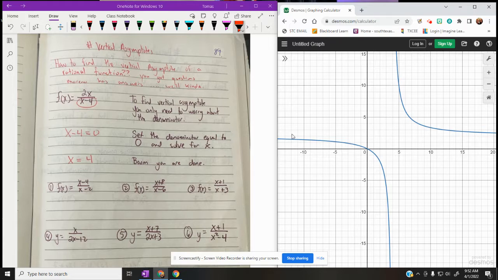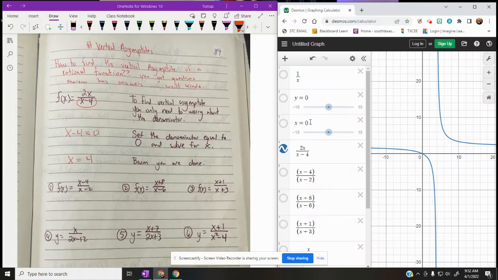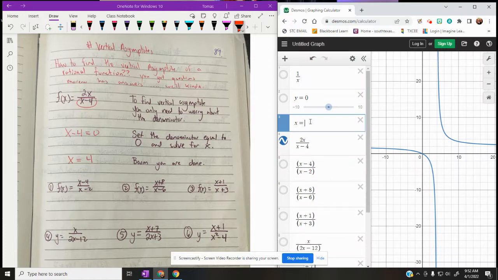And this one right here, 2x minus 4, we see it right here. And notice we could actually see a horizontal asymptote as well as our vertical asymptote, and we could kind of guess what the answer is going to be. It's maybe between 3 and 5, right? Our vertical asymptote, we could even take a wild guess that it's going to be 4, so like we used to write x equals 4.